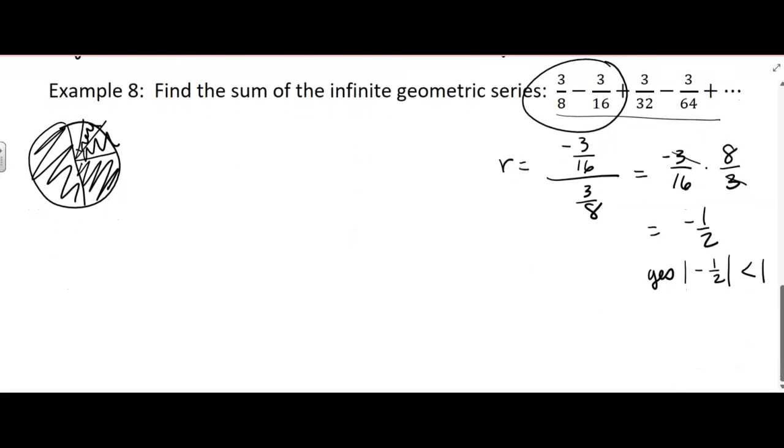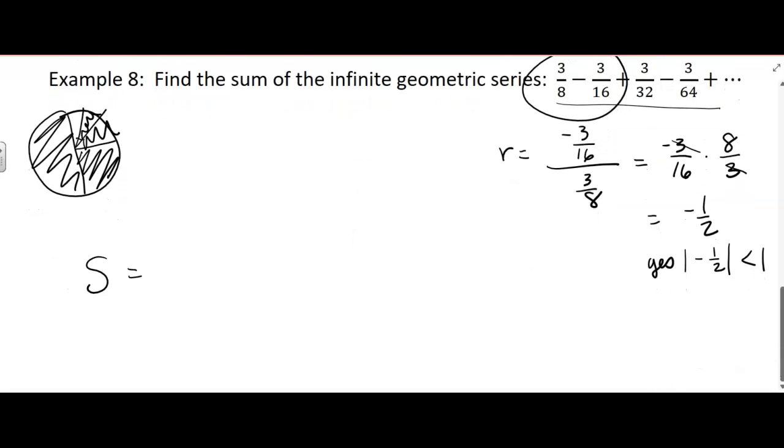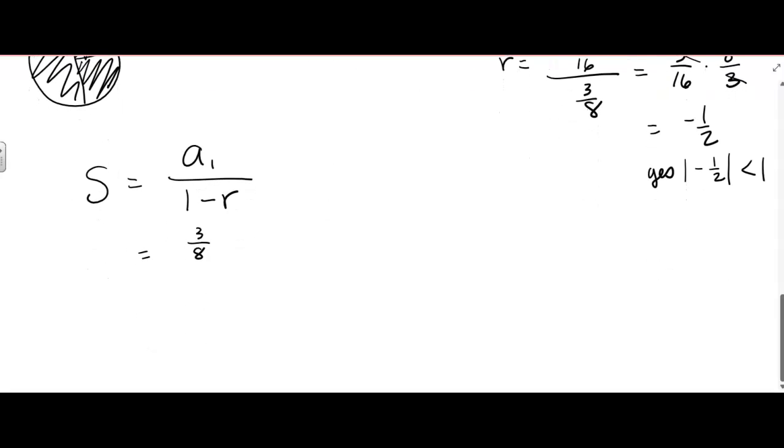Okay? So now we can use our sum formula that we just learned. I like this formula because it's fairly simple, it doesn't have a lot of things going on. Okay, now, what is a sub 1? Well, you know that from the series, it's 3/8. And then what is r? r was negative 1/2.